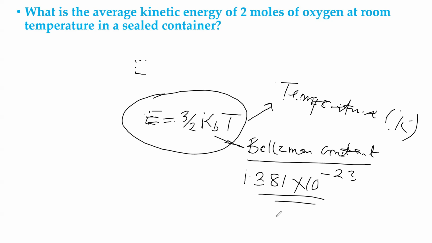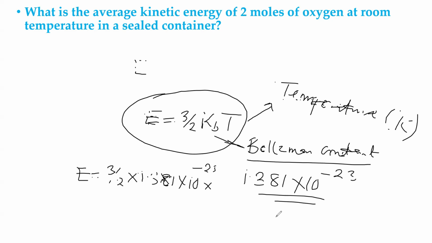So now we can say E is equal to 3 over 2 times kB, which we said is constant, 1.381 times 10 raised to the power of minus 23, and then times the temperature.